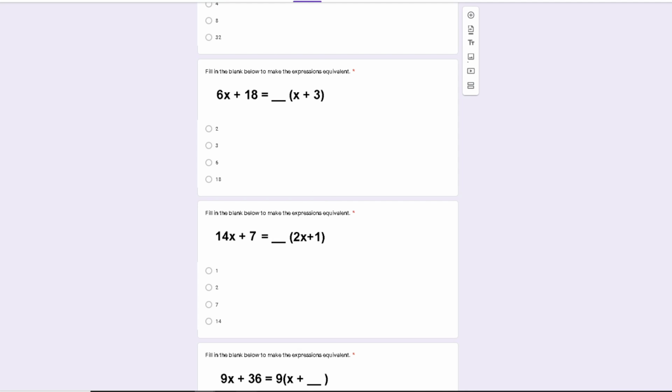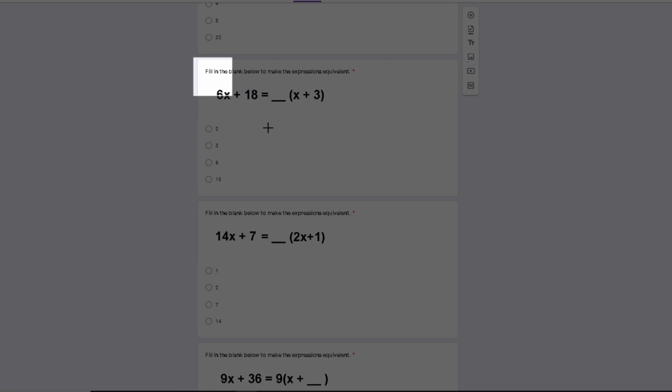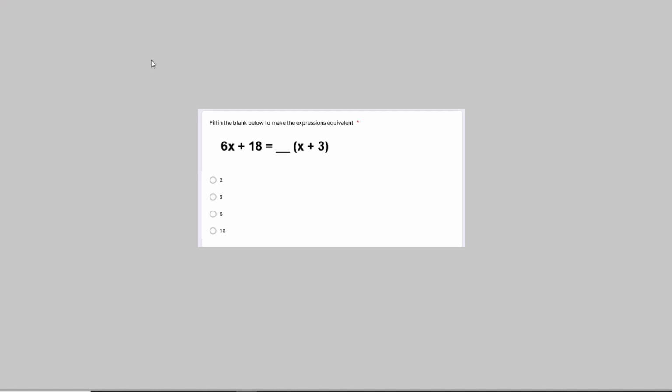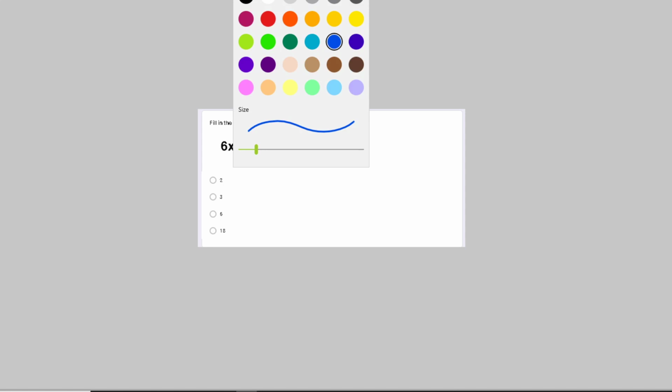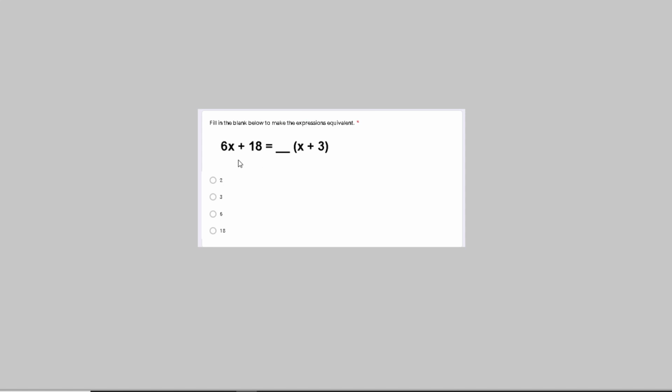Okay, so this one's a little trickier. So now I want you to think about, okay, we have x plus 3 here, and I have a 6x plus 18 on the left. Well, to turn an x into a 6x, I know I'd have to multiply it.